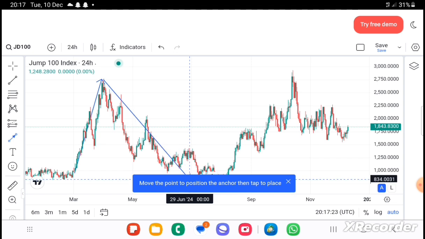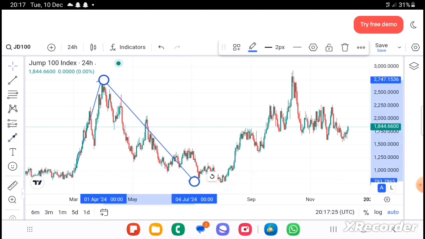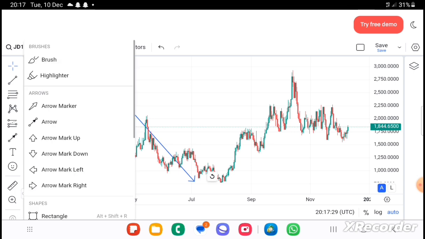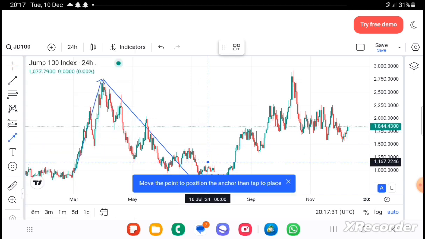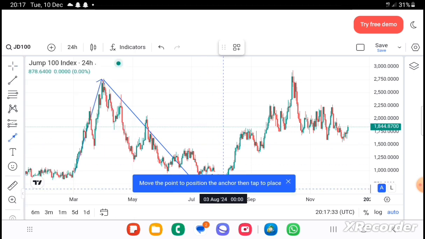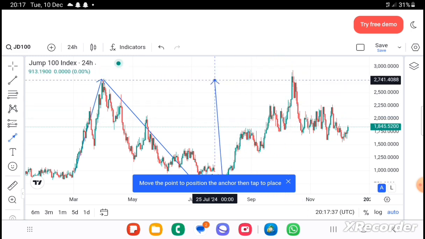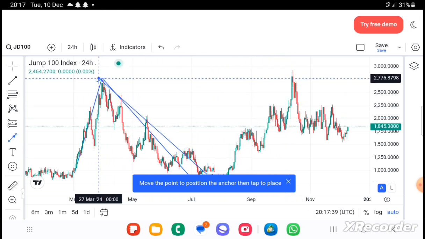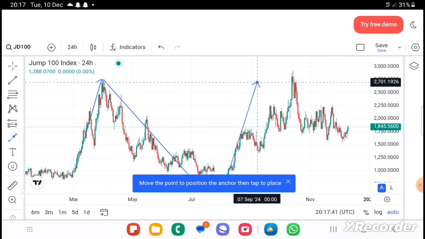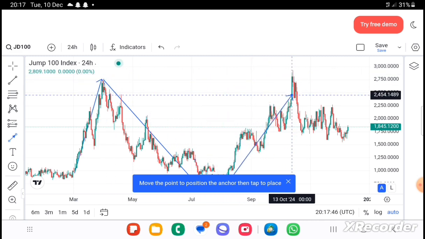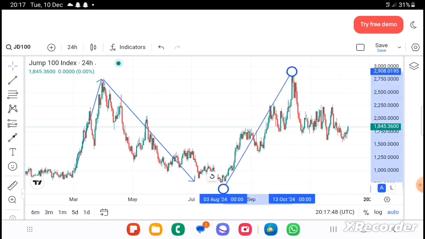Then price went up again, right? But this time, price took out this high that was created previously, creating a new high.